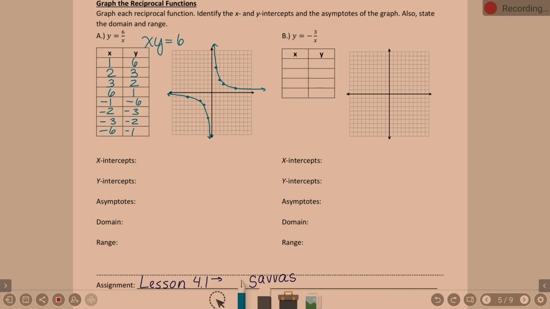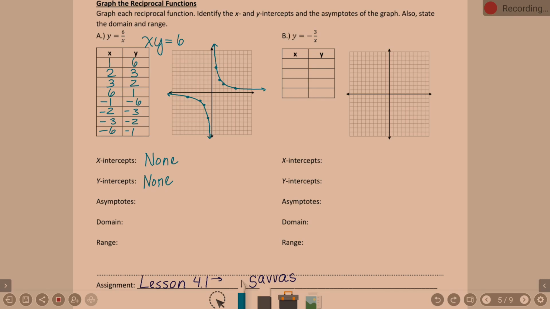X intercepts, y intercepts: where does my graph cross the x axis and y axis? They don't. These graphs are never going to cross the x axis or the y axis. So there are no x intercepts and no y intercepts.